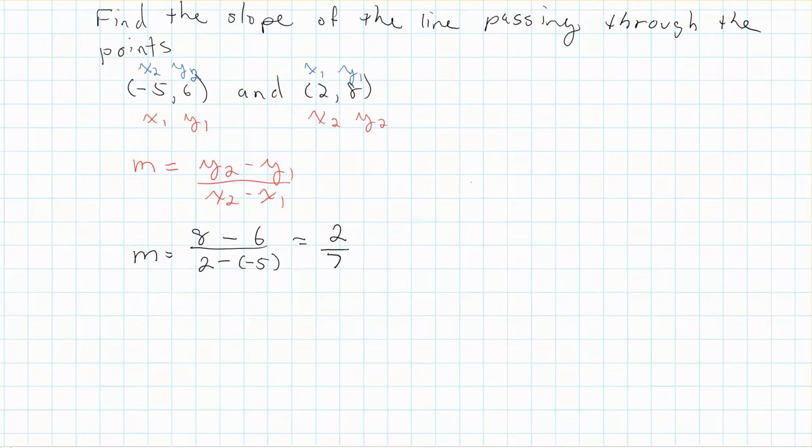So in this case, my slope would be y2, which is 6, minus 8 over negative 5 minus 2. Well, 6 minus 8 is negative 2. Negative 5 minus 2 is negative 7. Of course, dividing two negative numbers gives us positive, so you get 2 over 7. And we get the same answer, which really shouldn't be surprising, but I like to always point out that you can do the points in any order.